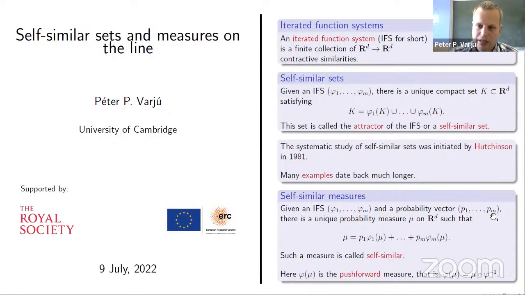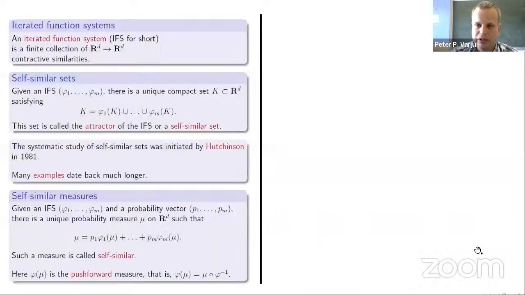And if you have such data, then there is a unique probability measure on R^d, such that the following property holds: if you take your measure and you look at the push forward with each of the maps in the iterated function system, and you average them, the measures that you get this way, using the probability weights p_1 up to p_m, then you get back the original measure. So a measure with this property is called self-similar. So in my notation, phi(mu) is the push forward of the measure, which formally can be defined as the measure composed with the inverse of the transformation.